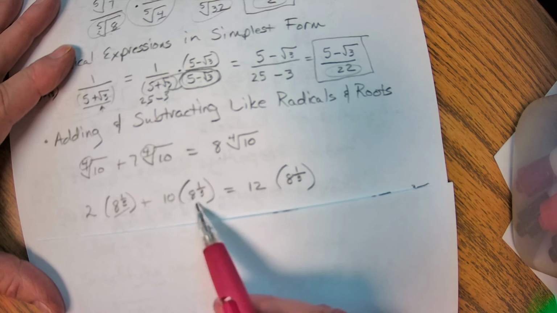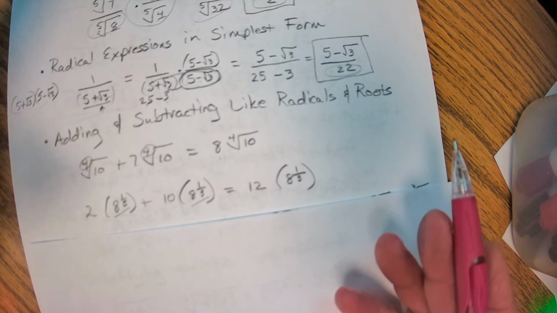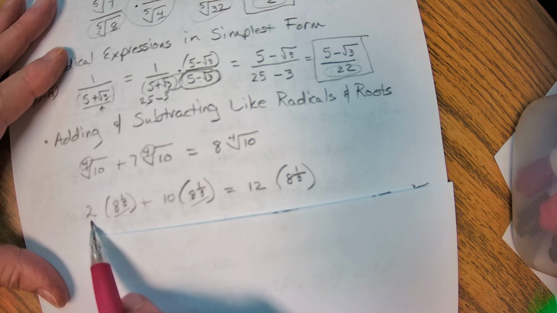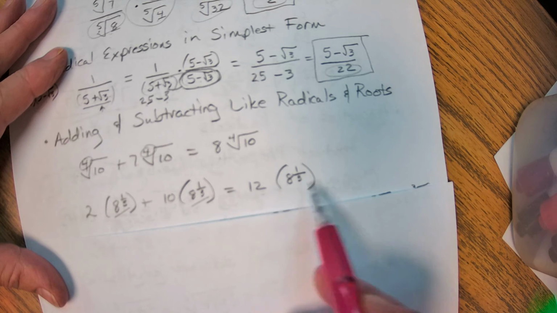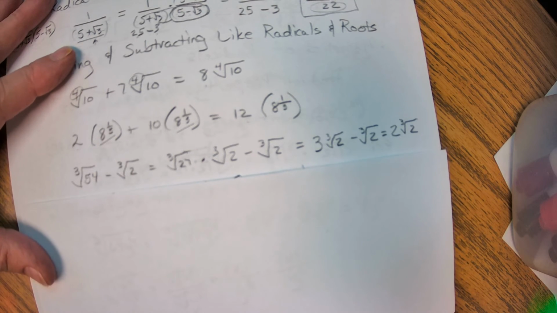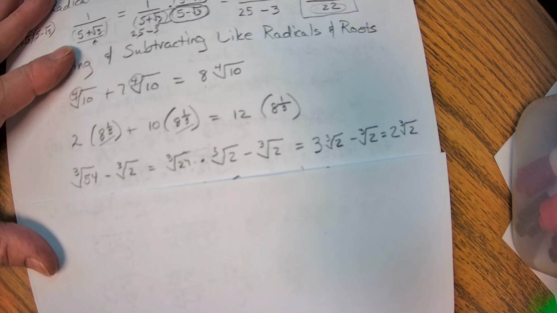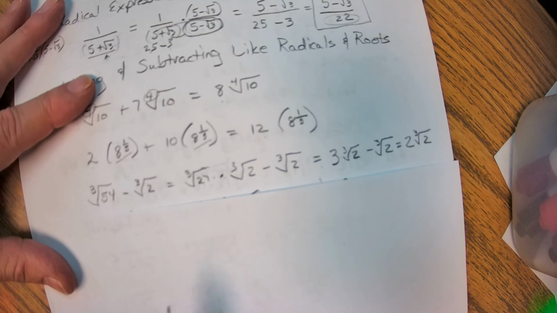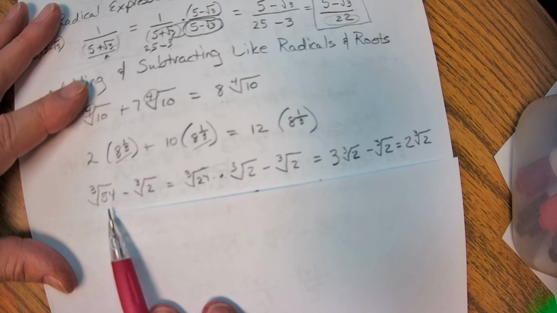So because this and this are exactly the same, you have 2 of them, I give you 10 more, now you have 12 of them. So the adding and subtracting, pretty self-explanatory.